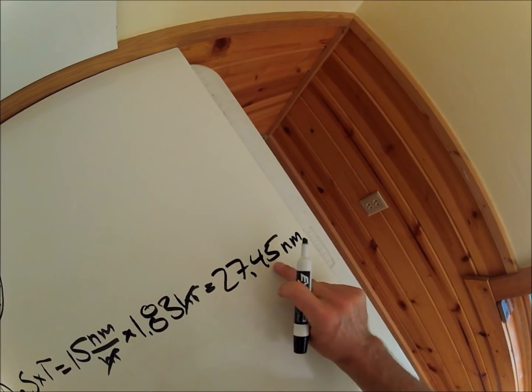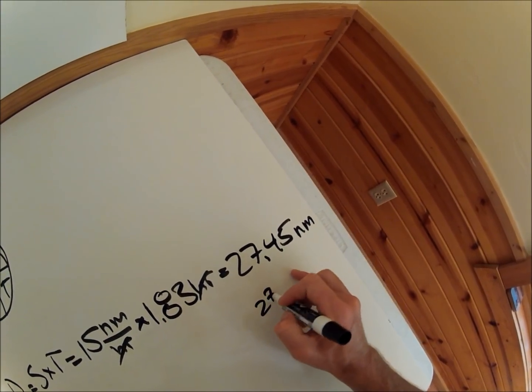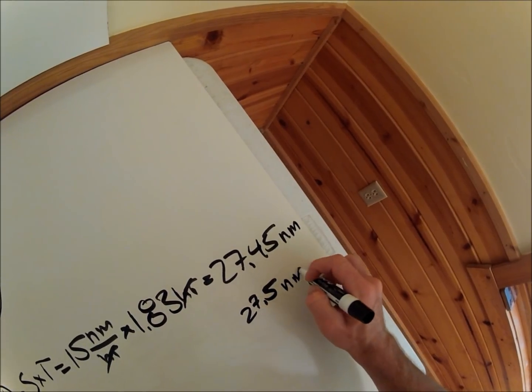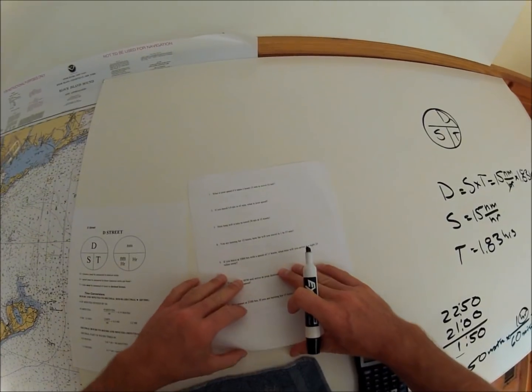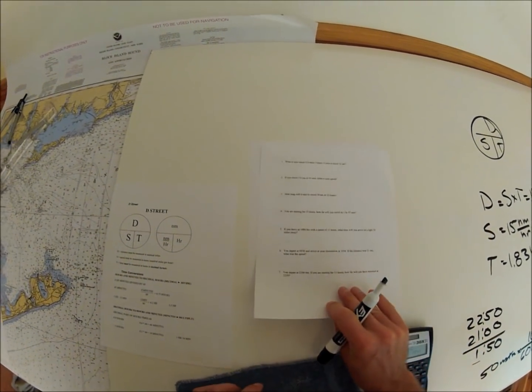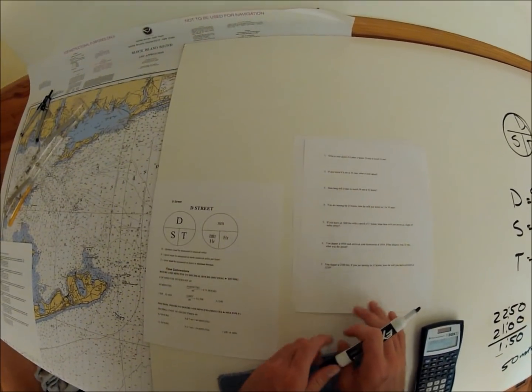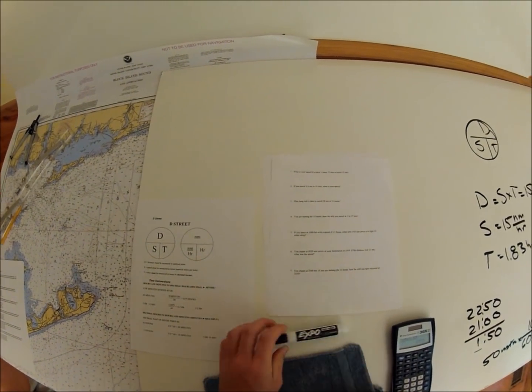See, this is a 5, so this is going to round up. So it's going to be equal to 27.5 nautical miles. For number 7, let's check. 27.5 nautical miles. That's numbers 1 through 7 solved for distance and speed and time problems.